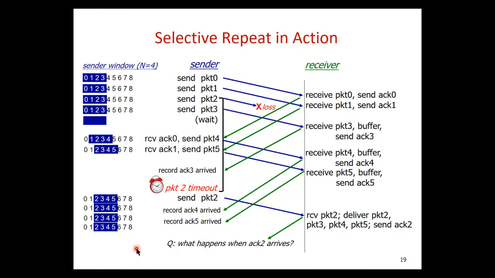Yeah, slide forward, but how much? Yes, it will move to 6, because packet 2 has been received, 3 has been recorded as received, as well as 4 and 5, so it can slide all the way to 6.